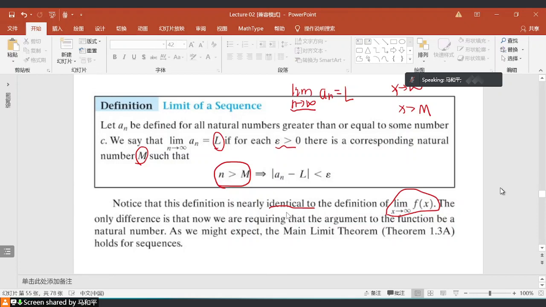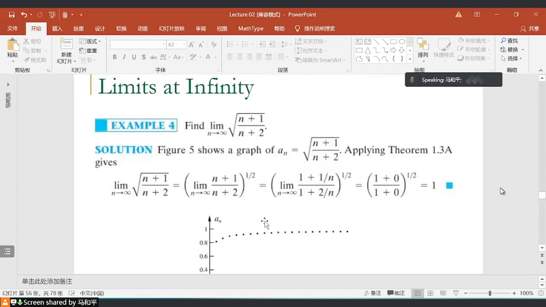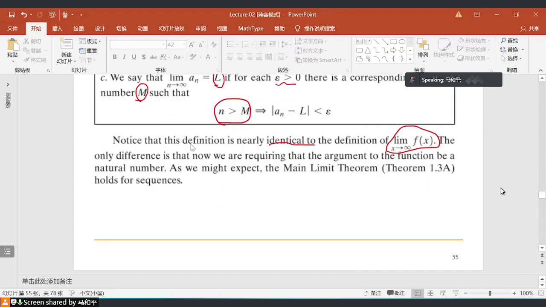For a new sequence a_n plus or minus b_n, we find the limit is a plus or minus b, and so on. We have many limit theorem results.